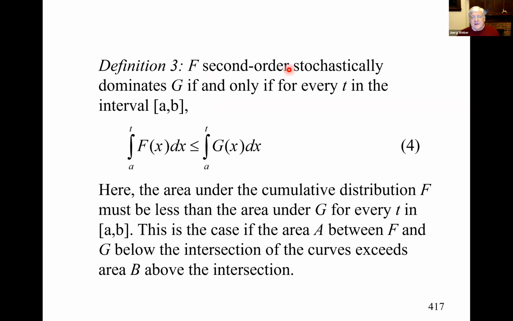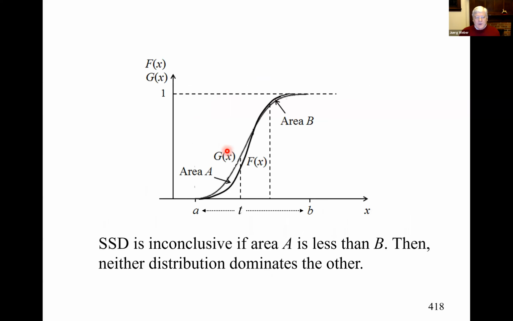So F second order stochastically dominates G if and only if for every t in the interval, this integral here is less than that integral. So here you think of areas. I have it here. So here again you have the x variable, that would be the wealth.